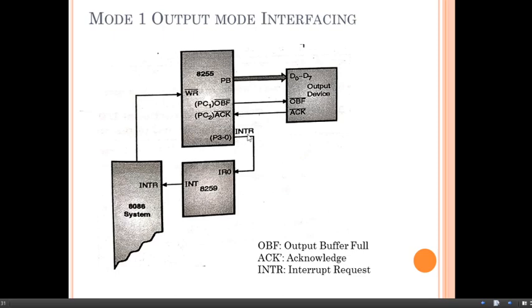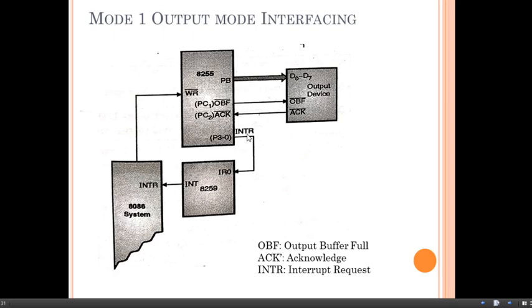And after that the next handshake signal is INTR, that is interrupt request. It is an active high output signal generated by 8255. This INTR signal is used to interrupt the CPU if an interrupt driven input output system is used. If INTR is equal to 1, this condition specifies that the output buffer is empty, the peripheral is not reading the data, and the interrupt system is enabled.